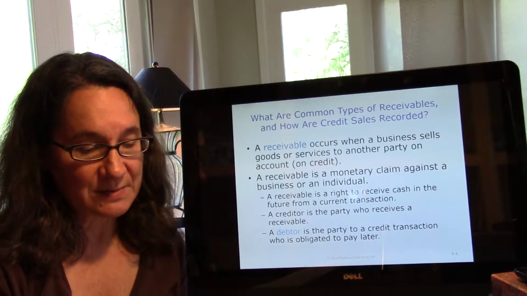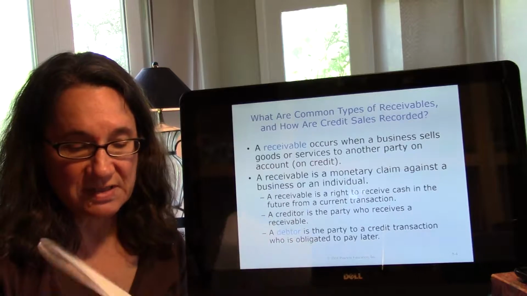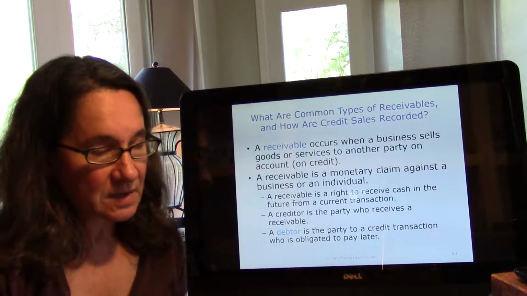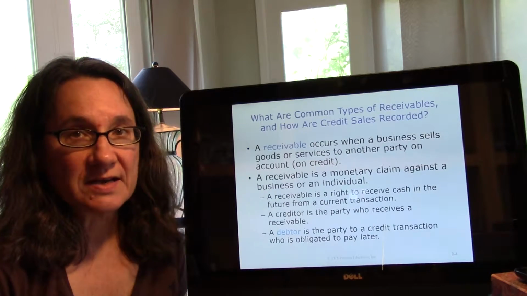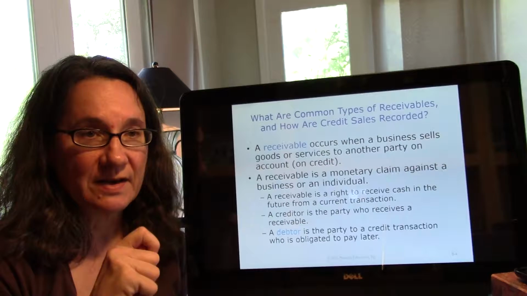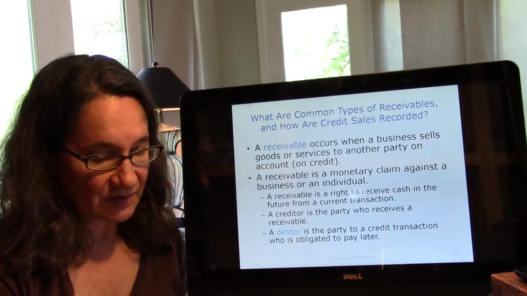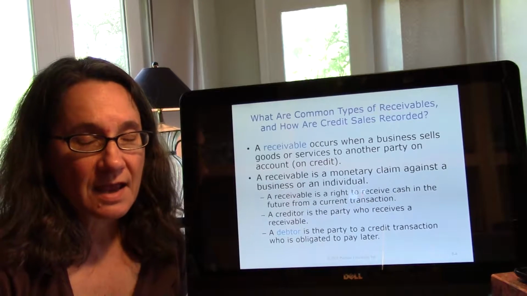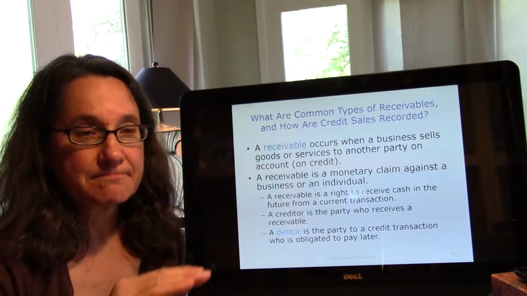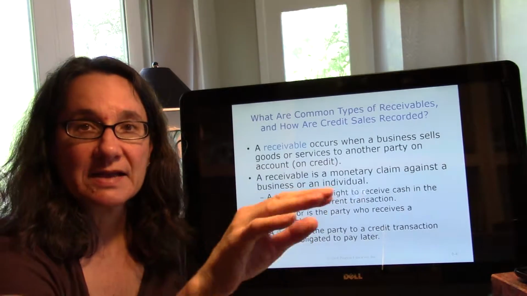The three major types of receivables are accounts receivable, notes receivable, and other receivables. So it's important to keep it straight. We're talking about receivables right now. If you're doing the accounting for a company, say we're doing the accounting for learning systems, a receivable means a customer came in and got some of our services and is going to pay us later.